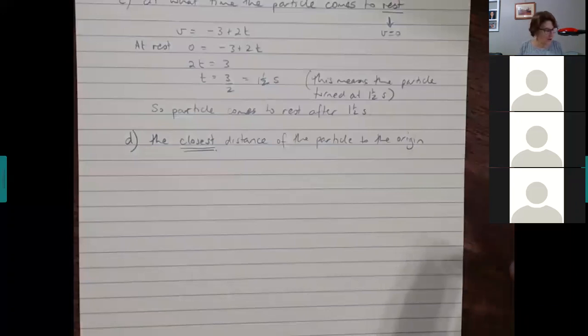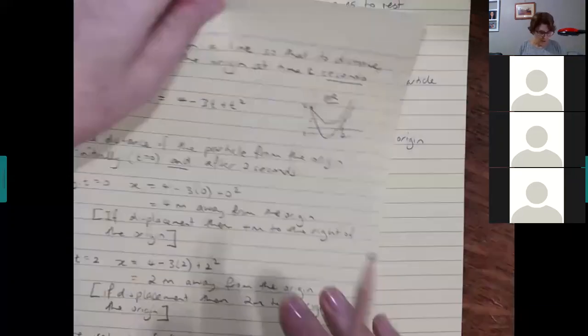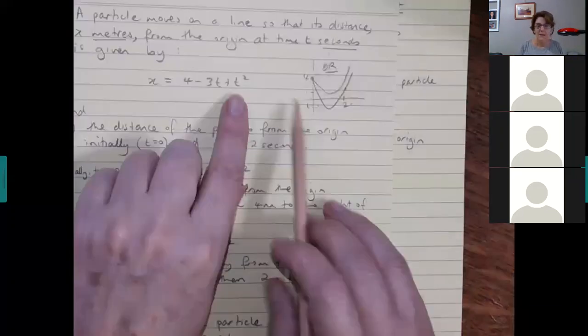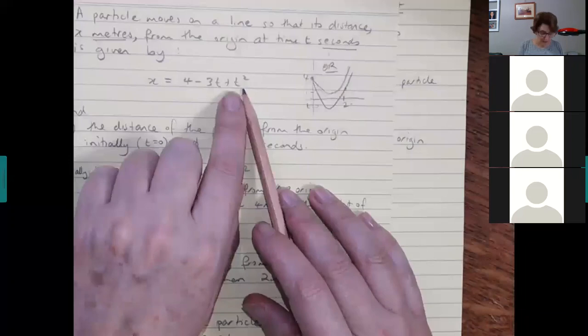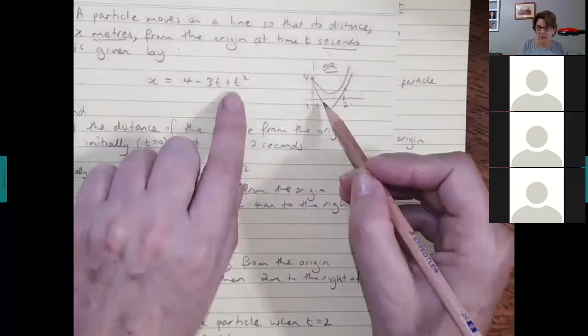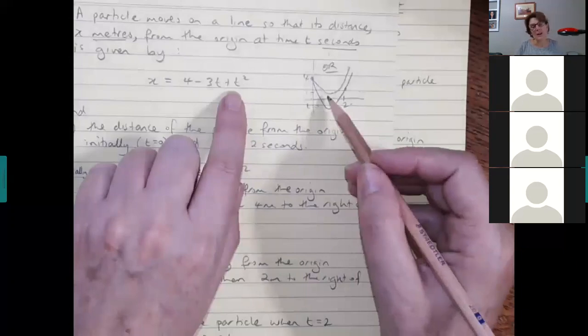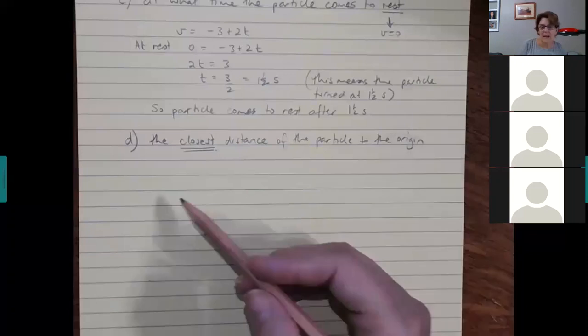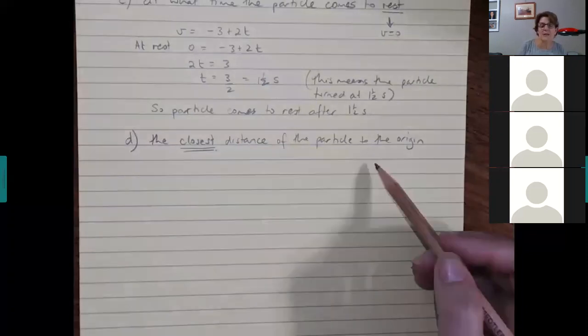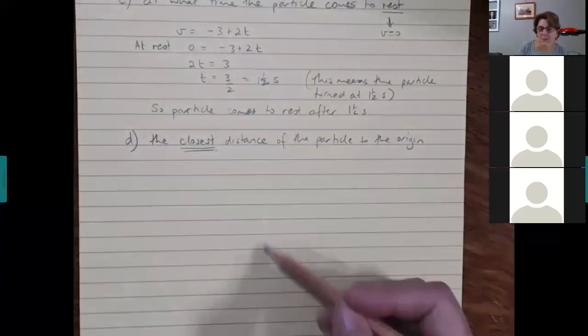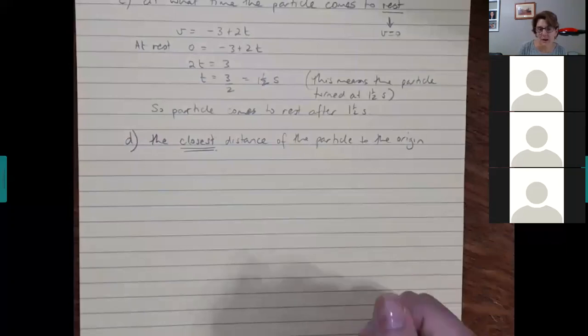But in terms of what we know of this question being a squared, it only has a minimum value because it's this parabola. So we won't have to go as far as the second derivative in this instance. But if we had a cubic and so we had it going in two directions, we'd have to then decide which one was the minimum and which one was the maximum, right?